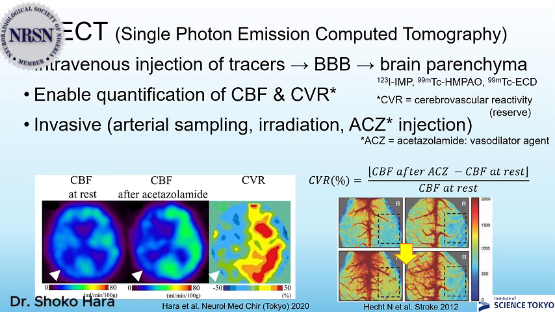In addition to CBF, SPECT can assess cerebrovascular reactivity, CVR, by comparing CBF before and after the administration of acetazolamide. Acetazolamide is a potent vasodilator, so CVR refers to the brain's ability to dilate capillary vessels, representing its reserve capacity to cope with hemodynamic stress. Nevertheless, as with PET, SPECT is highly invasive, costly, and not readily available as well.